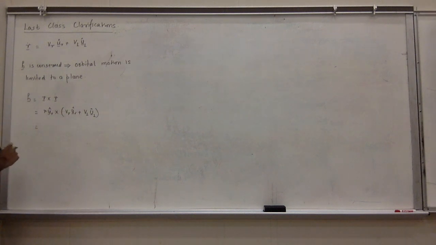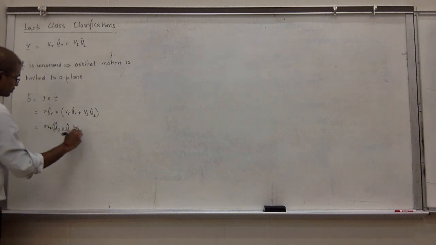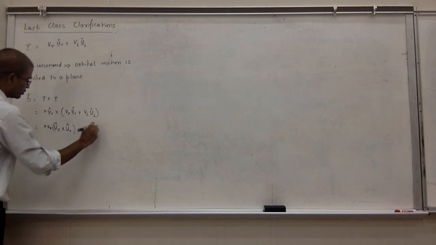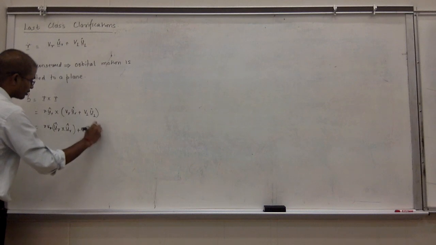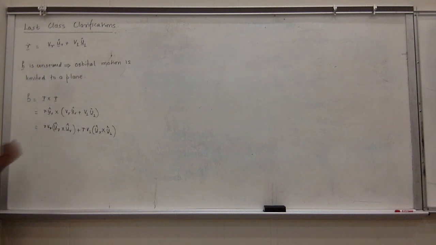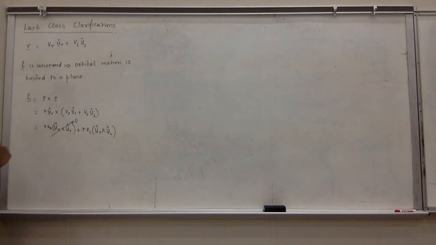So when you do this, what you're going to get is R VR UR cross UR, plus R V perpendicular UR cross U perpendicular. Okay. So this first term goes to 0 because it's a vector cross with itself.